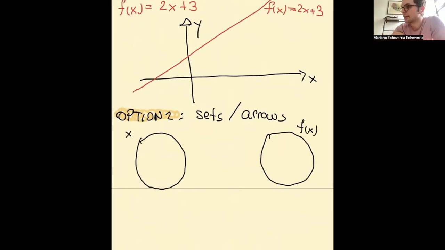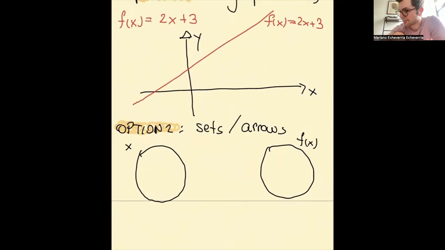So for example, if the value for x that you choose is 0, what's the corresponding value for f of x? That would be f of 0, but f of 0 in this case is 3, right? So what this is saying is that the value x equals 0 gets sent to the value 3.